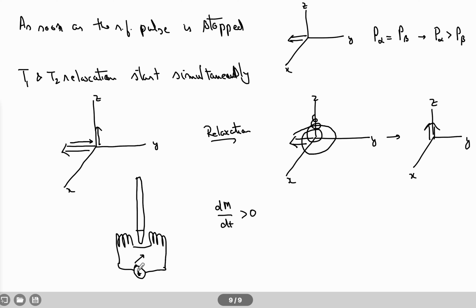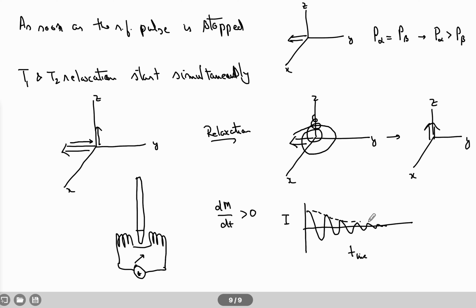Now that current in the coil will be of the form of a decaying cosine. Something similar to what we have drawn for My or Mx when transverse relaxation was happening, right? Now this is nothing but the current which is induced in the coil because of dM by dt, and that current will slowly decay as the magnetization moves back to the Z axis, right?